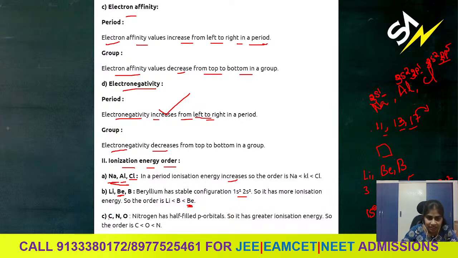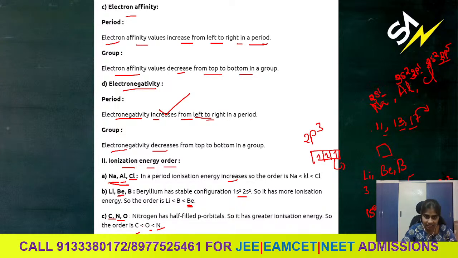Similarly, you can see for carbon, nitrogen and oxygen. Nitrogen has a half filled p orbital configuration, a 2p3 configuration, that is completely half filled. So the energy required to remove this one electron is very high. So that's why nitrogen comes first, next oxygen, next carbon.